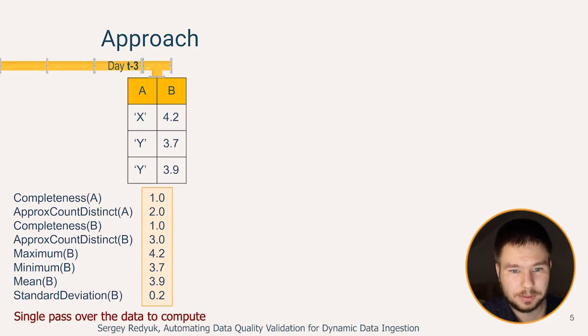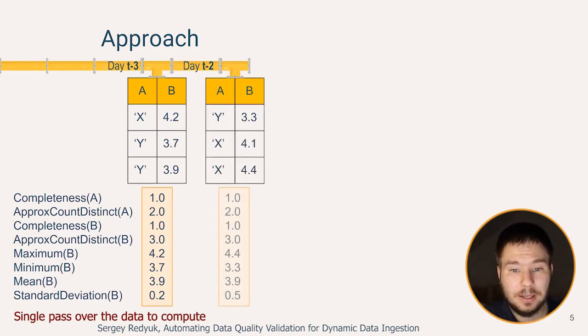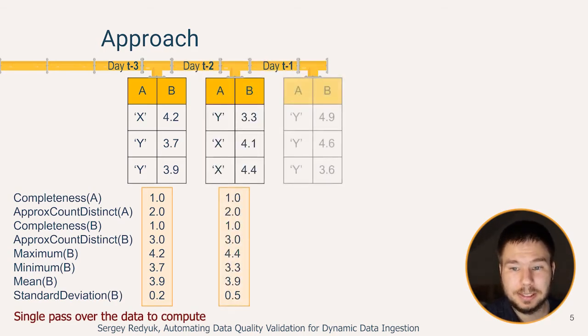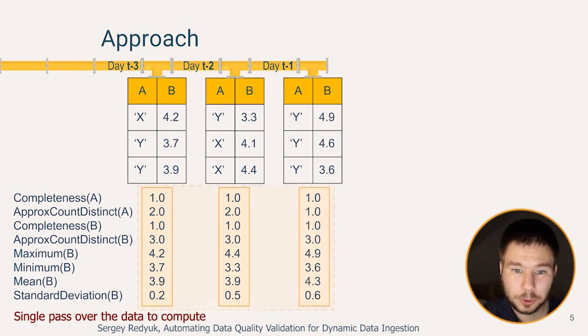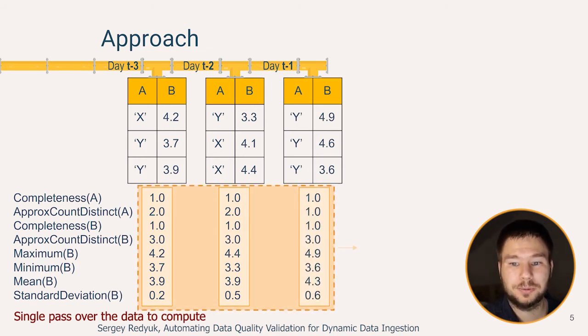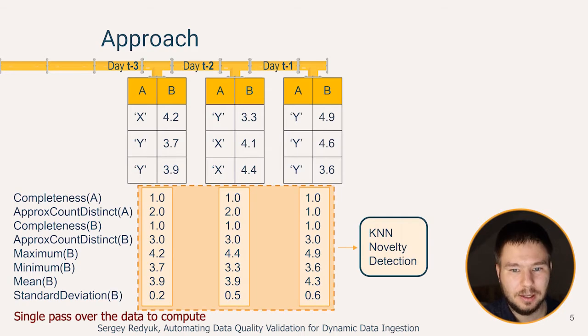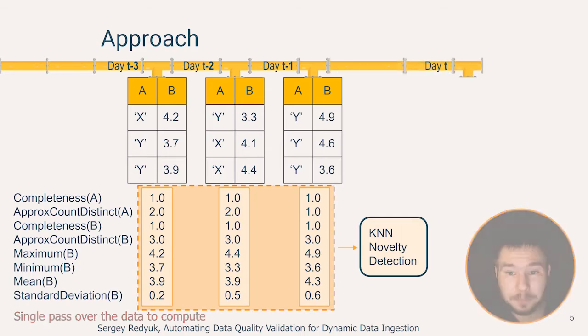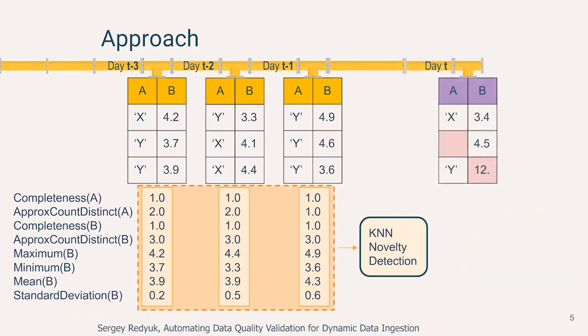We record these values over time, and we train a novelty detection algorithm that learns the characteristics of acceptable data. For the upcoming data partition, we compute its feature vector and let the model decide whether it is similar to the previously observed data partitions or not. We do not aim to detect high granular errors.